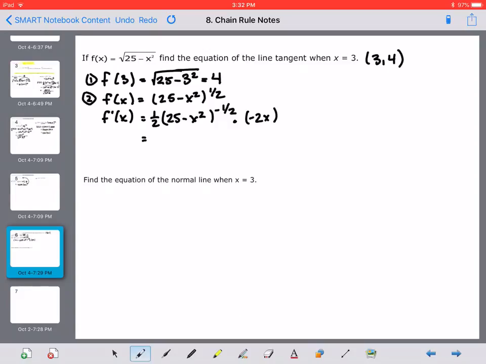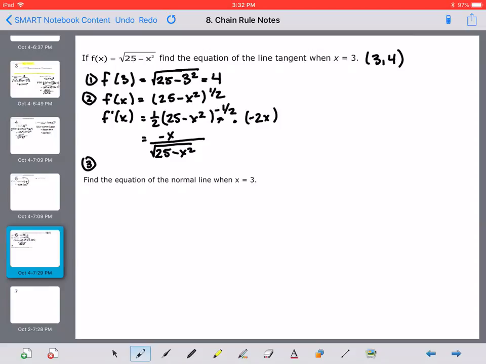Okay, I want to rewrite this. So 1/2 times that -2x is going to give us -x. And I already know that the -1/2 right there is going to force it to go to the bottom and back into the square root form to the first power. So that's my step 2.